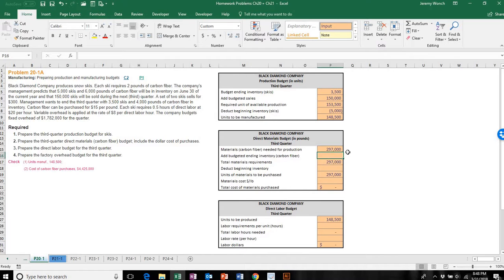Next, we want to add the budgeted ending inventory, and it says right here that we want to end with 4,000 pounds. We want to subtract out our beginning inventory, which is 6,000. That means we're going to need 295,000 pounds of carbon fiber, and the material cost of that is $15 per pound. So we're going to be spending $4,425,000 on carbon fiber for the third quarter.